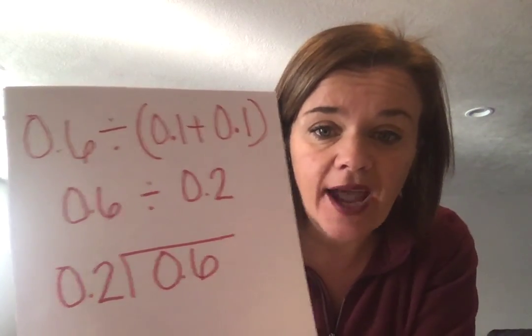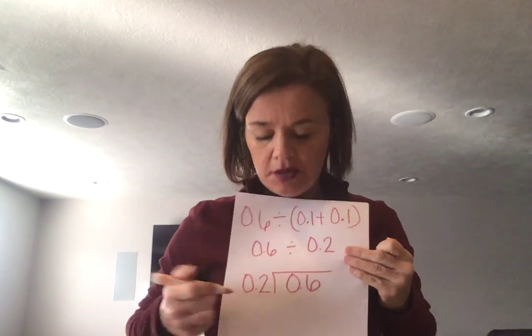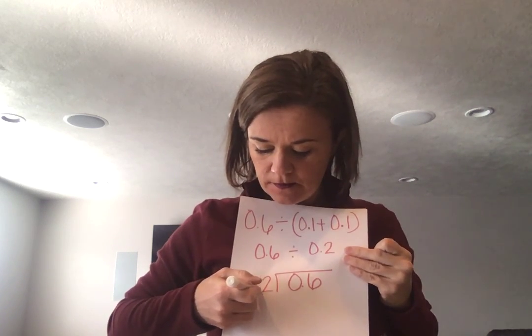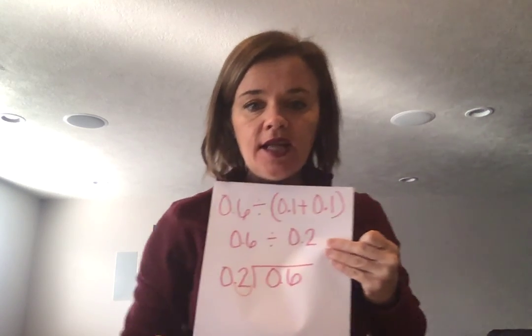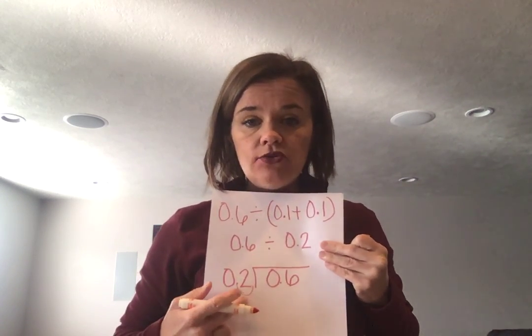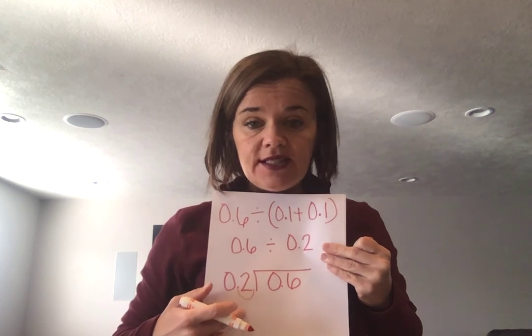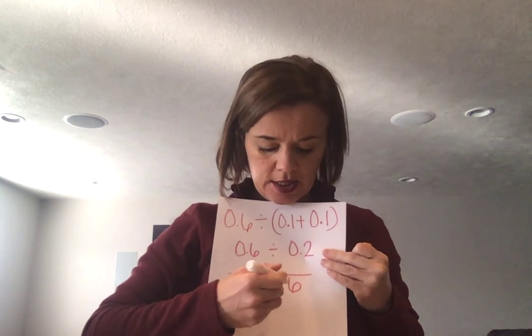So I have to move it out. I have to move my decimal 1 place to the end, and what I do to this side, I have to do to this side.